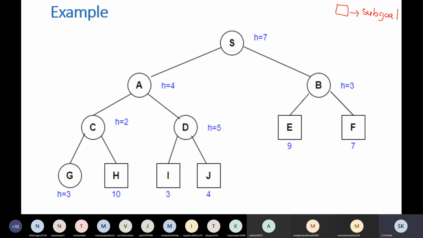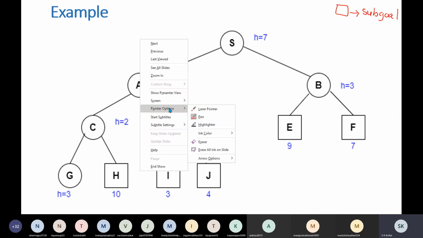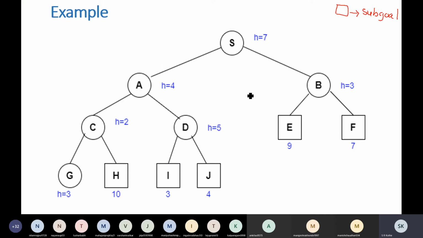And what type of node is it? It is an AND type of node. Let me specify that also out here, so later on there will not be any confusion. This is AND.